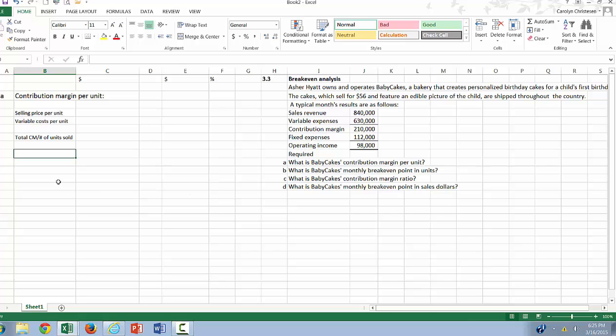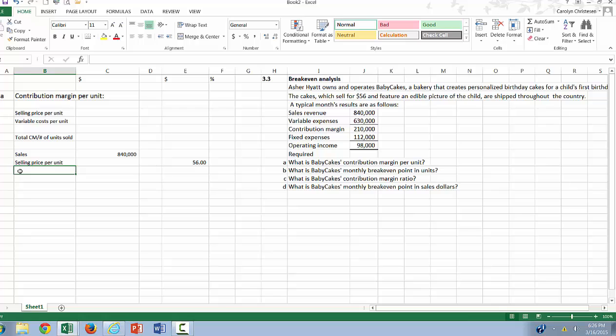So let's use that. We know our sales are $840,000, and we know our selling price per unit is $56. I'll put this over here so we have the decimals, $56.